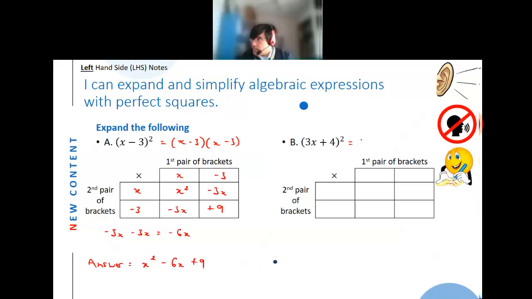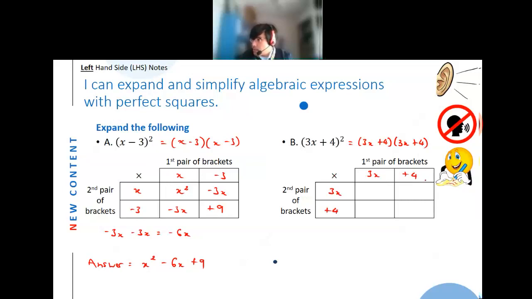And then for our second example here, we've got 3x plus 4, and then 3x plus 4 again. Now, once you are quite familiar with what to do here, you can skip the step where we rewrite the square as a multiplication with itself, and go straight to this table here, because basically that's what we're doing.